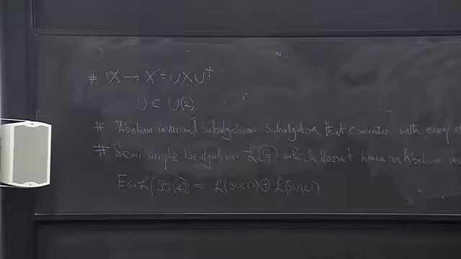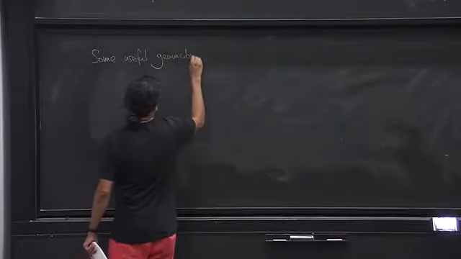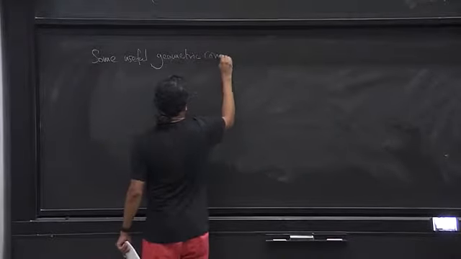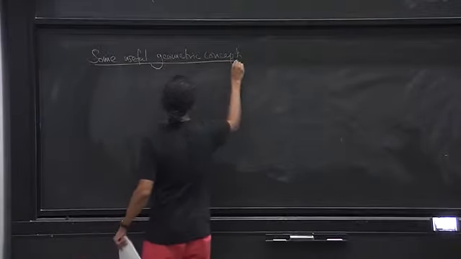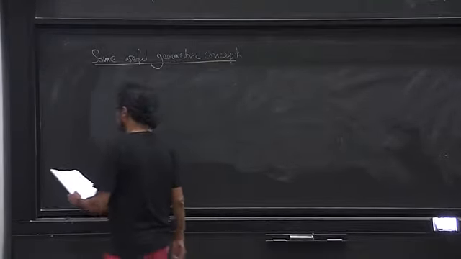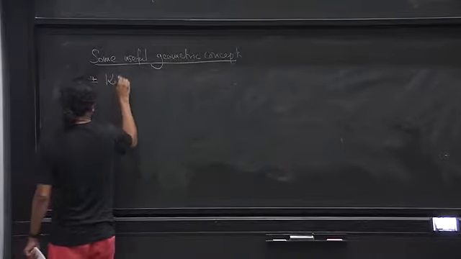So some useful geometric concepts. On a Lie group, you can define a natural metric called the Killing metric.